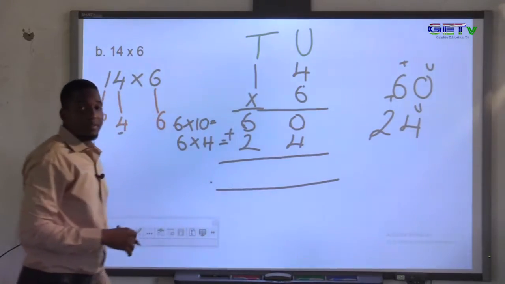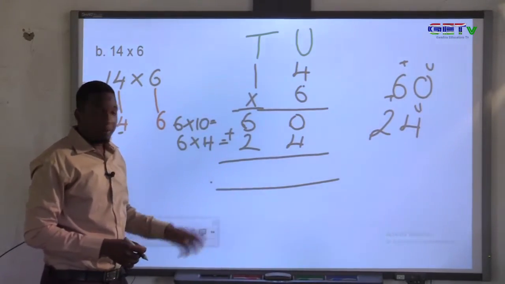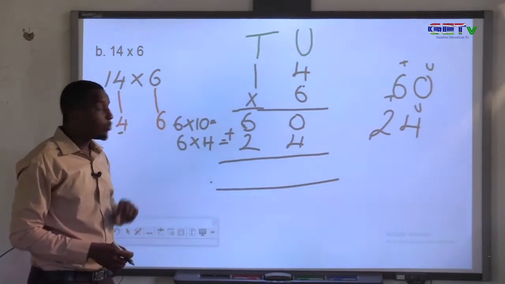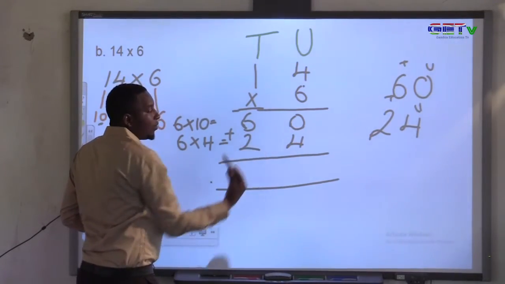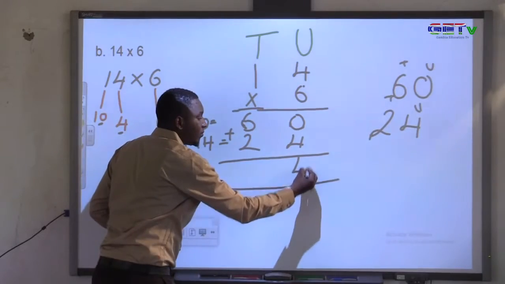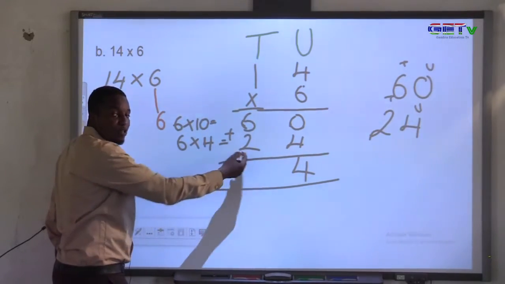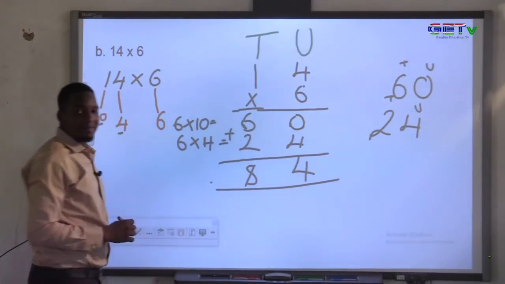In this case, we are going to add the values under the unit column together and the values under the 10th column together. By doing so, 0 plus 4 is just going to give us 4. And 6 plus 2 is going to give us 8.